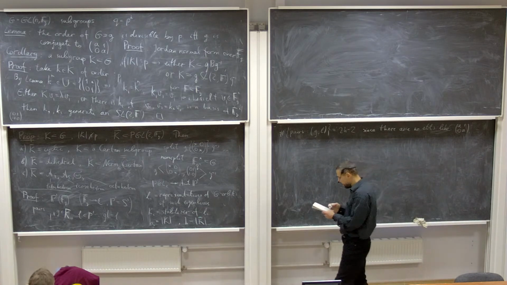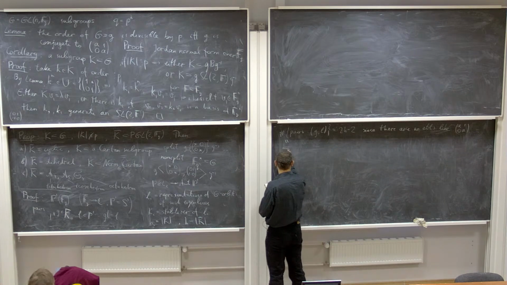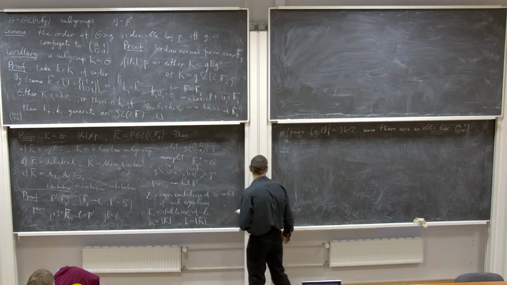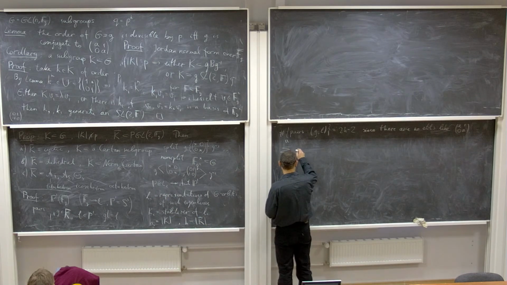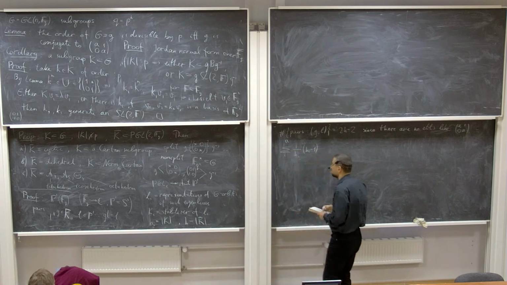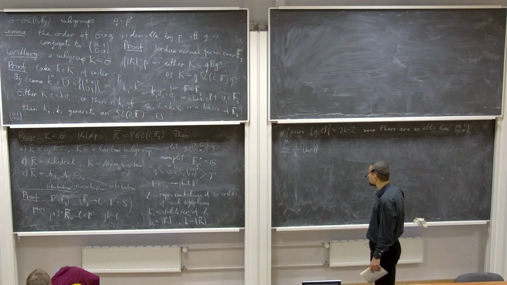Okay. On the other hand, it is equal to the sum over all i, all the orbit representatives, of 1 over Hi times Hi minus 1. Maybe just count over orbits.